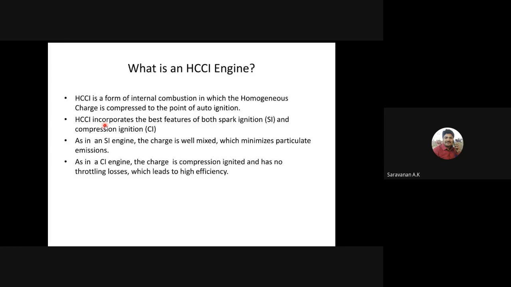So you have to note that there are no throttling losses, which leads to high efficiency.